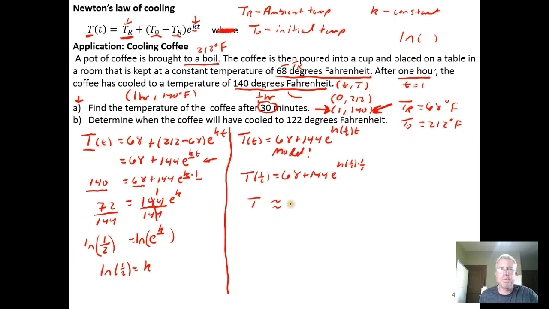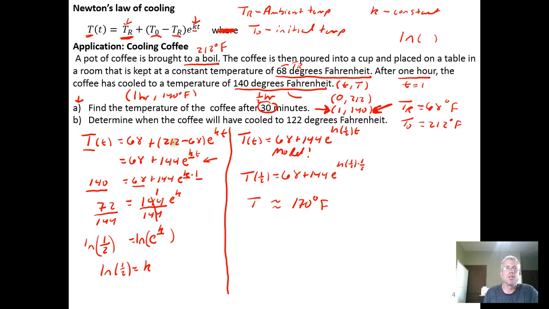So our temperature is about 170 degrees Fahrenheit. Should be colder than 212 and should be warmer than 140 degrees that it was after 1 hour. Should be a number in between 140 and 212, and it is, so that looks pretty good.